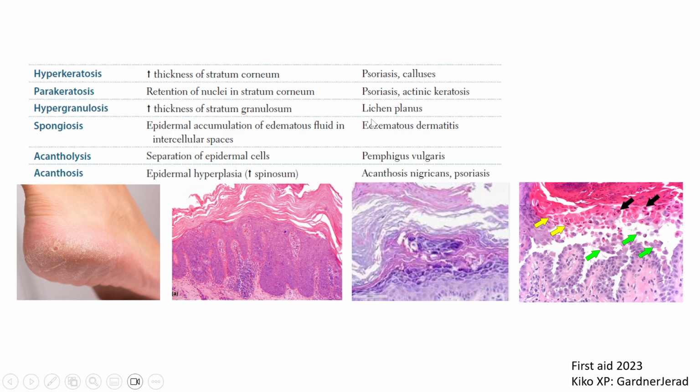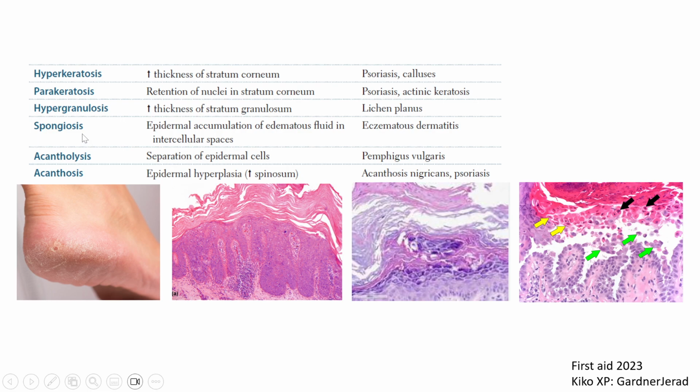One classic feature of hypergranulosis is lichen planus. And if you see diminished granular layer, that means you lose this granular cell layer. Then you have hyperkeratosis and also neutrophils in the stratum corneum. That is the classic feature of psoriasis.